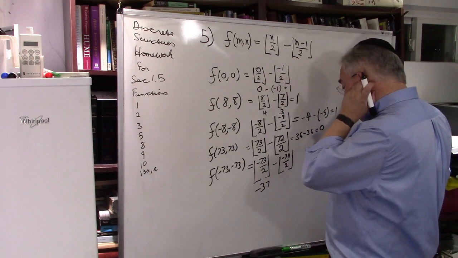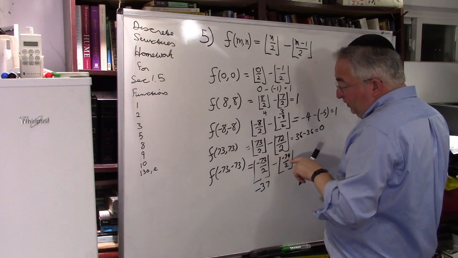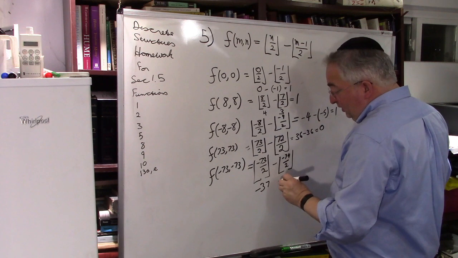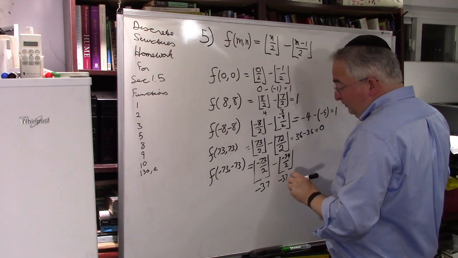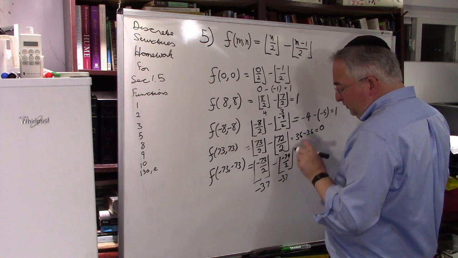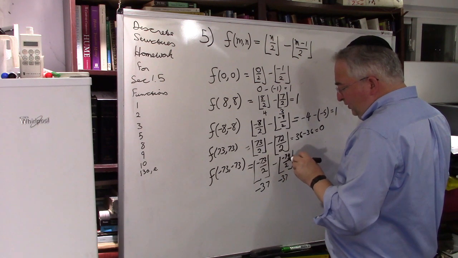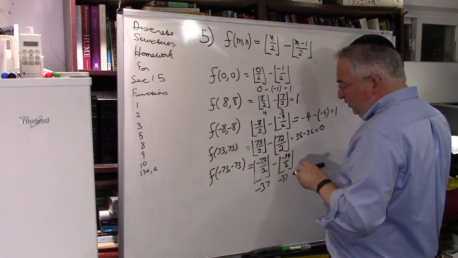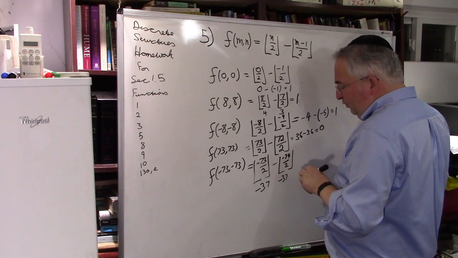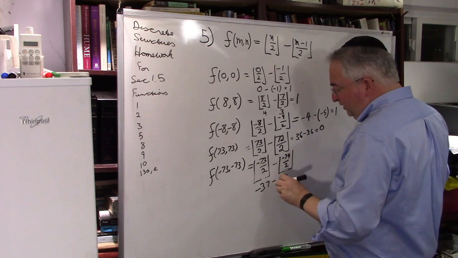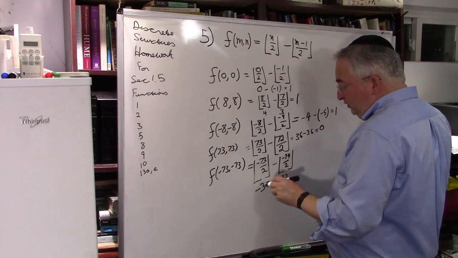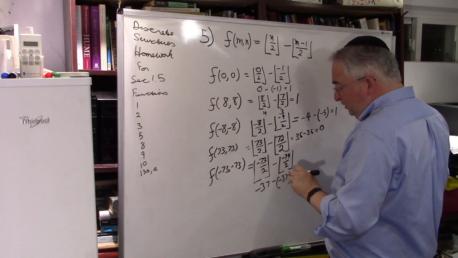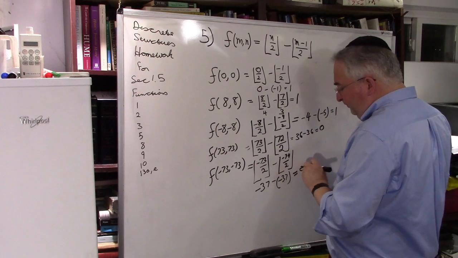And negative 74 over 2 is negative 37. Sorry, let's do that again: 37 times 2 is 74. So it's going to be minus 37. So negative 37 minus negative 37 is plus 37, which is equal to 0.